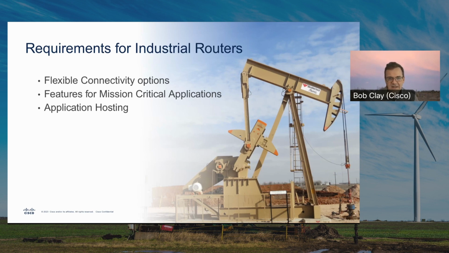The other thing that's unique about these industrial routers, or a requirement might be, is that I need features for mission critical applications. If you look at pipeline control systems, they use SCADA protocols and SCADA communications. And so in our routers, we have a SCADA protocol translation feature that enables you to connect legacy serial devices with IP devices in a process control network.